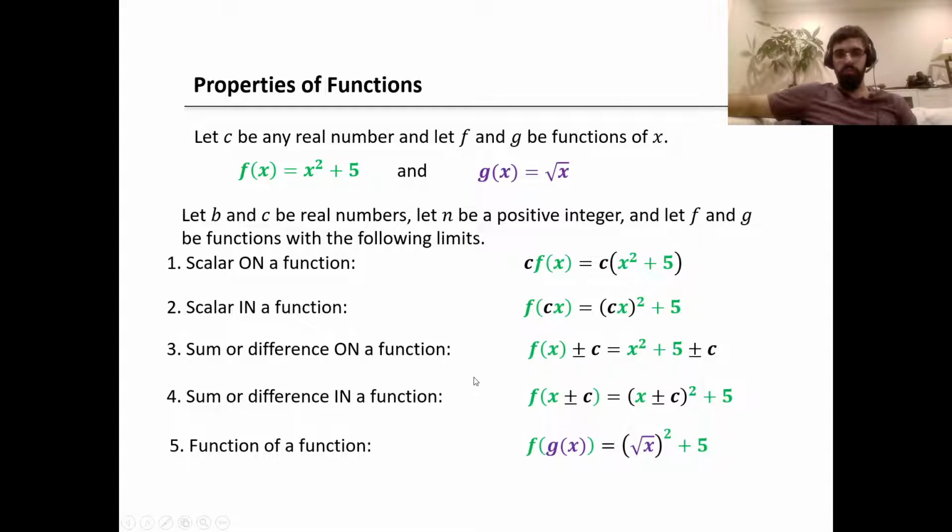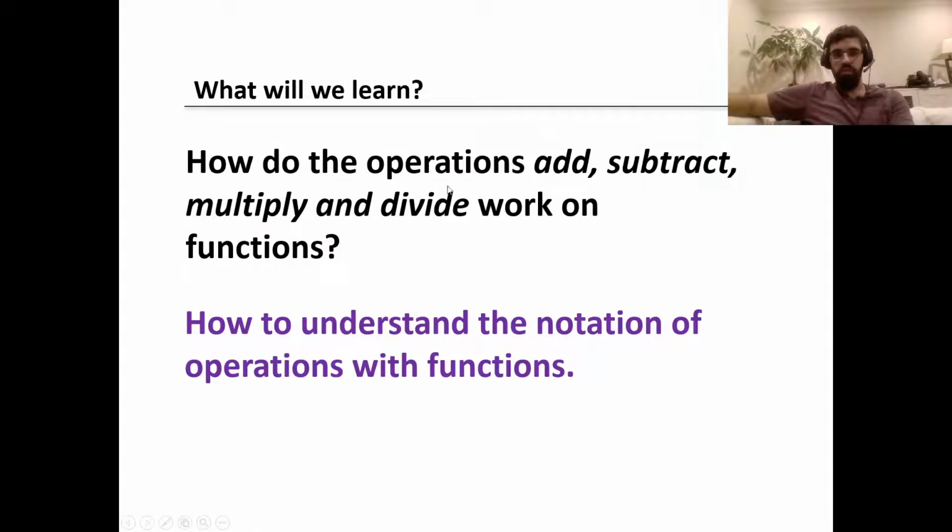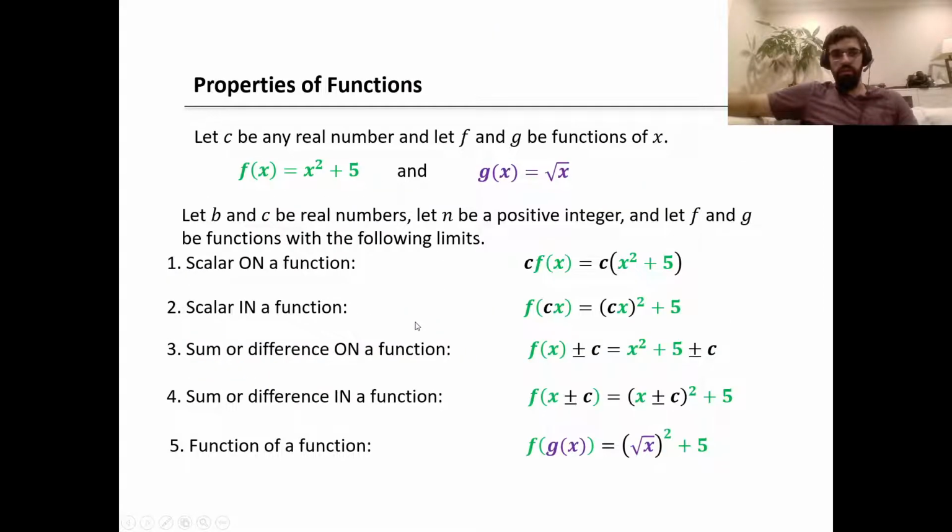Quick note here, you might have noticed, what about division? We definitely said that we're going to talk about division, but it's not one of our properties here. The reason is that we can treat division just like multiplication. If I want to divide by 2, for example, it's the same thing as multiplying by 1/2.